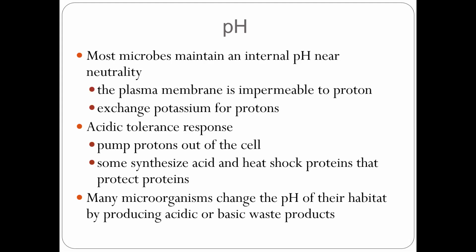For example, they make their plasma membrane permeable for protons, and by doing that they exchange with potassium. Second, once they pump the protons out of the cell, they synthesize acid and heat shock proteins. Therefore, later on, they become acid-resistant bacteria.